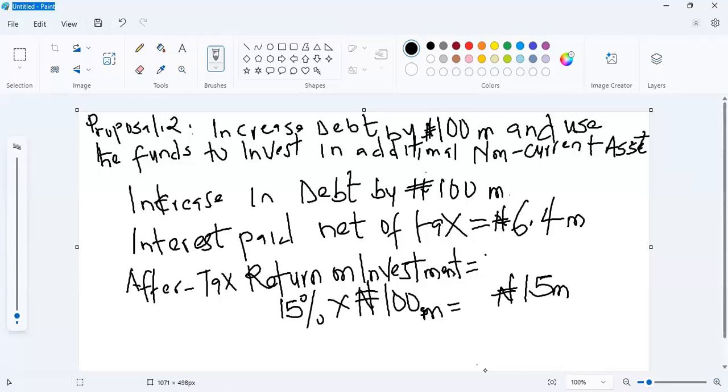Great. It will affect non-current assets. Also current assets. It will affect our retained earnings. Because if you pay interest net of tax, your cash will reduce. If you make more profits, more returns, then your cash should increase. So we can now go to these effects.